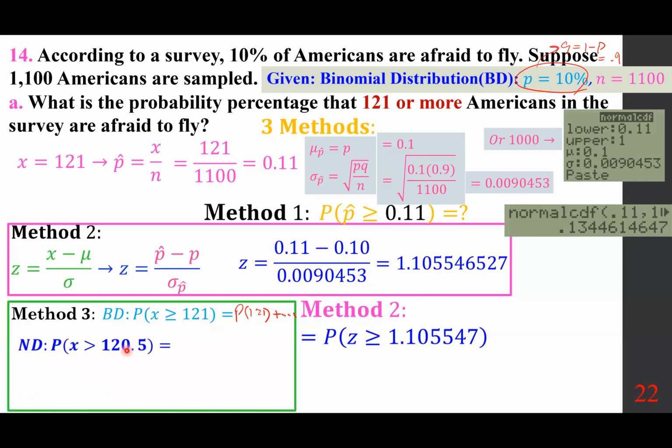Again, going back to the continuity correction factor of 0.5, you have to do that because we go from discrete to continuous. Now this one is the x. We are going to change it to a z, x minus mu over sigma. X is 120.5.